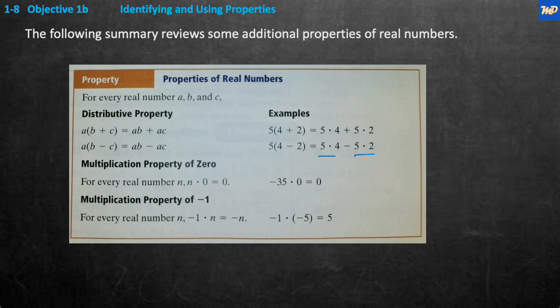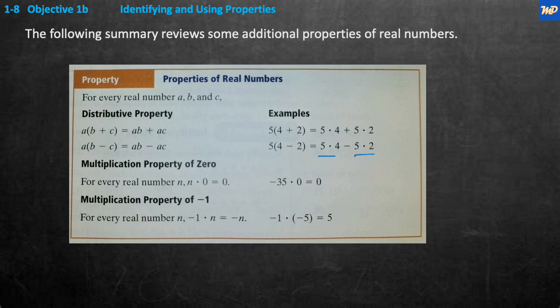How about the multiplication property of 0? For every real number, n times 0 is 0. Looking at it, negative 35 times 0 is equal to 0. The multiplication property of negative 1.